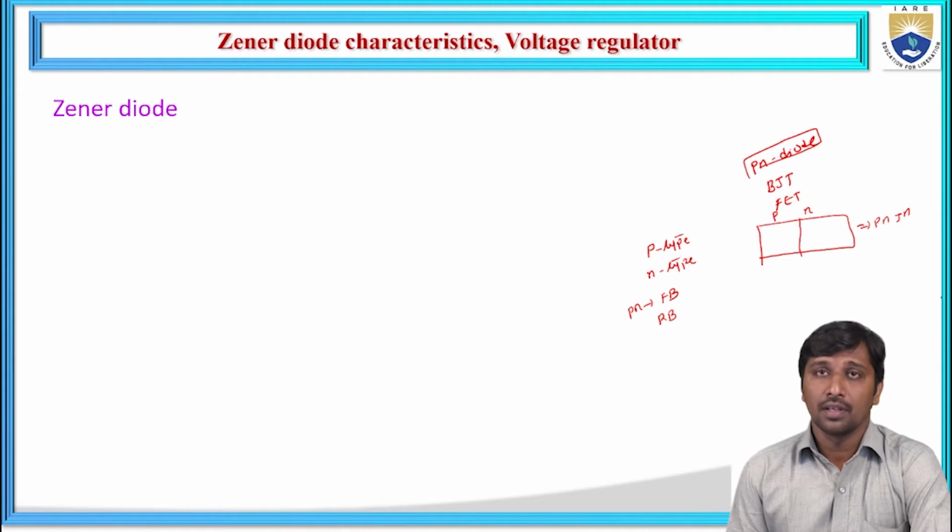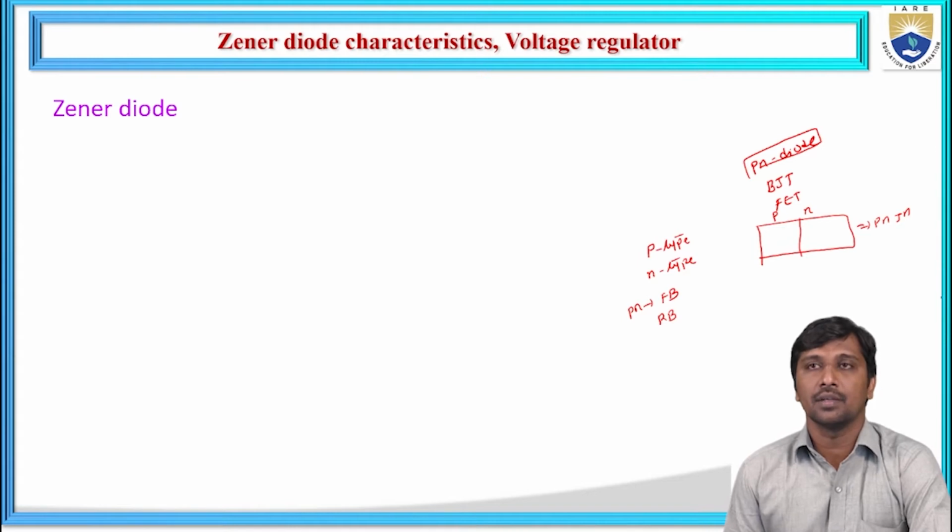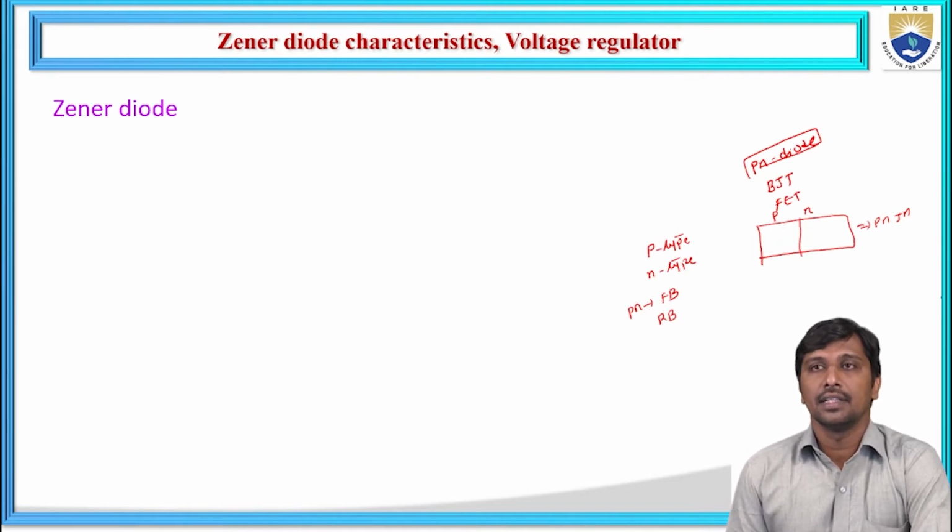And here the Zener diode is specially designed to allow conduction in both directions, that is under the forward bias as well as the reverse bias. To design this Zener diode, it also uses P-type material as well as N-type material.